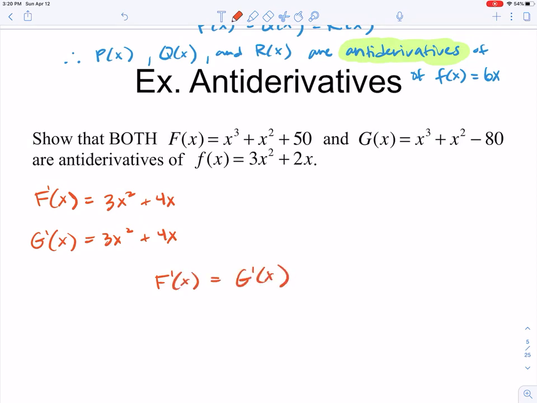So because the derivative of capital F of x equals the derivative of capital G of x, both being equal to 3x squared plus 4x, we can say that both of those functions are antiderivatives of the function 3x squared plus 2x, which I've named lowercase f of x.